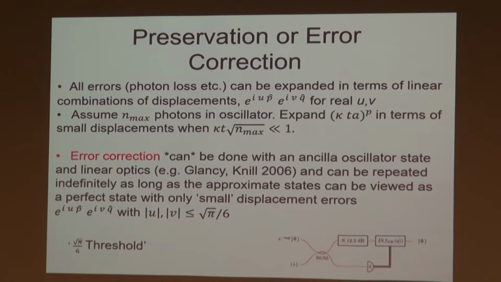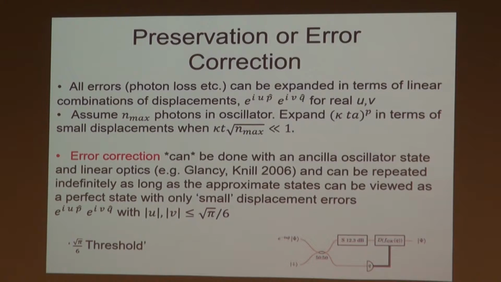Okay, now, how to do error correction? I want to mention two things. One is something that Knill and Glancy did in 2006. Let's say I've prepared a state in an oscillator that I want to protect. Now I need to prepare another, similar state in another oscillator, and I need to connect them on a beam splitter and do some squeezing. And then I can correct this state. I can correct for the displacements that may have happened.